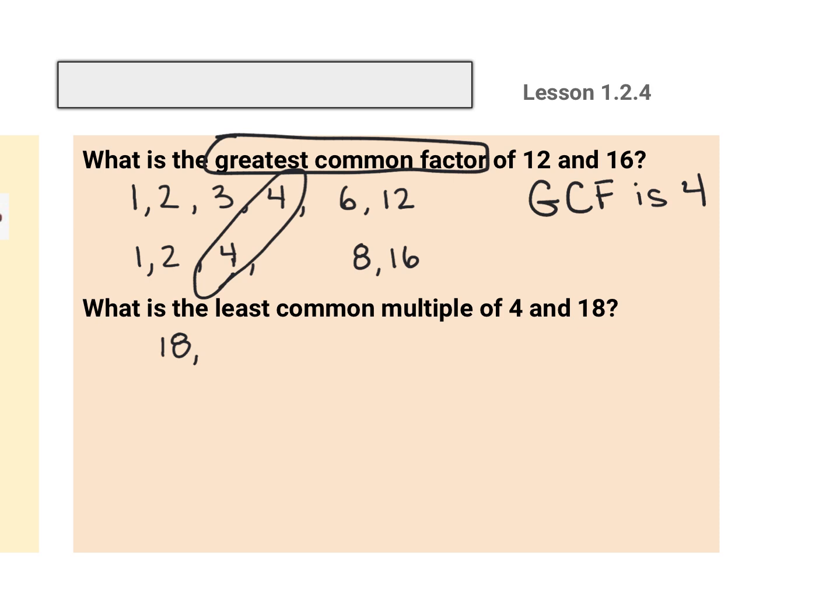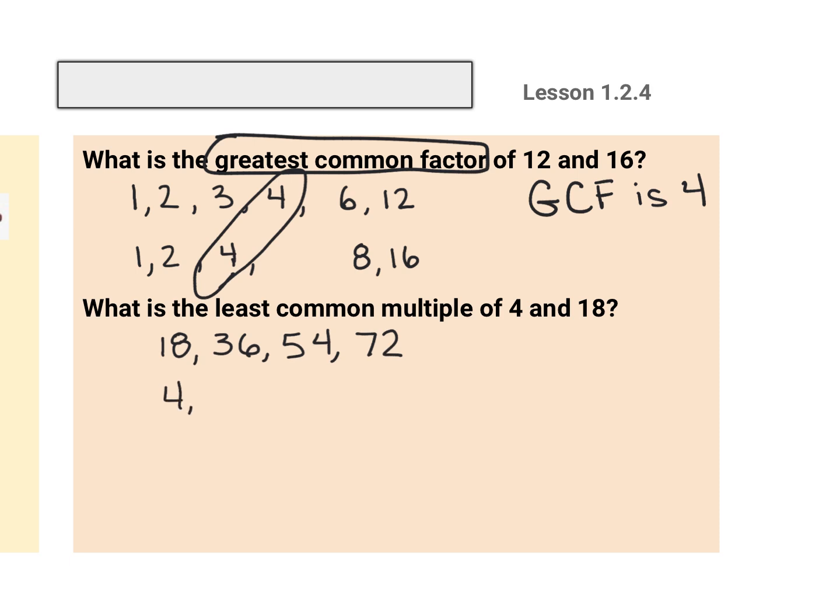So you can look at your multiplication chart, and if you're looking in the 18 row, you have 18, 36, 54, 72, and then I'd probably stop here, and then I'd start listing my multiples for 4 and see if I find anything on that list. If I do, I can stop. If not, I would have to keep going with my 18s.